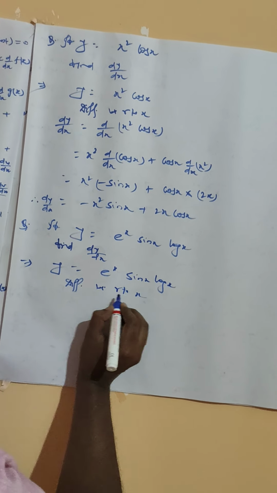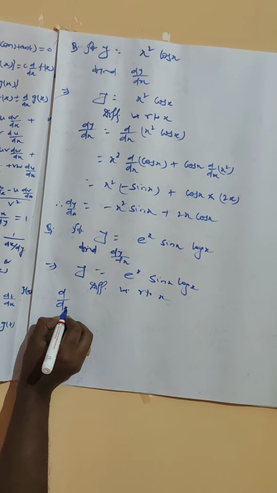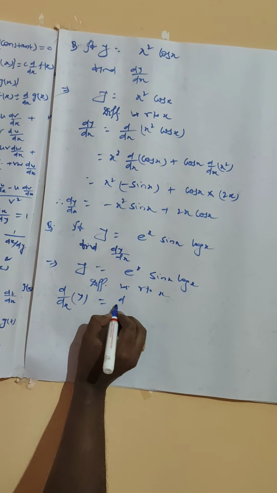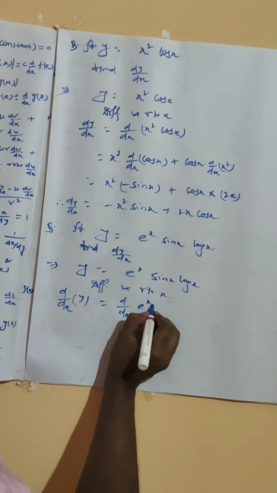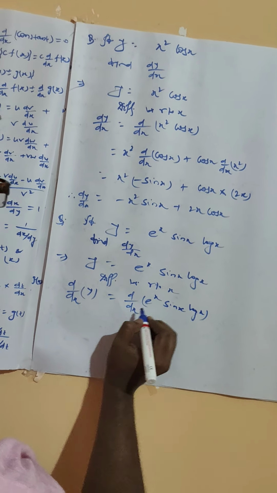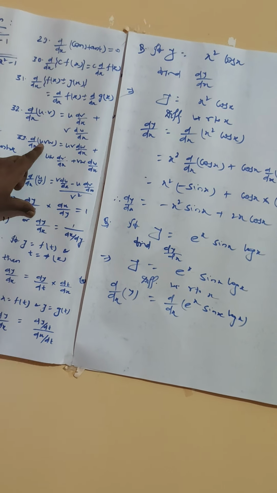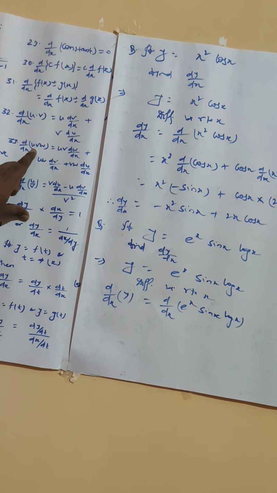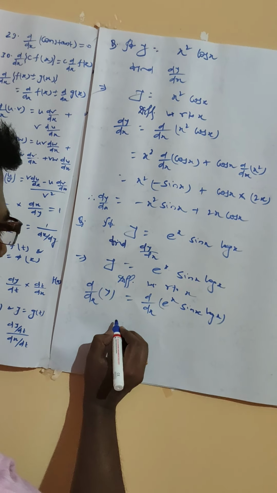Differentiating with respect to x, at first using the operator d by dx on both sides. Here we can use the u v w result for three functions.